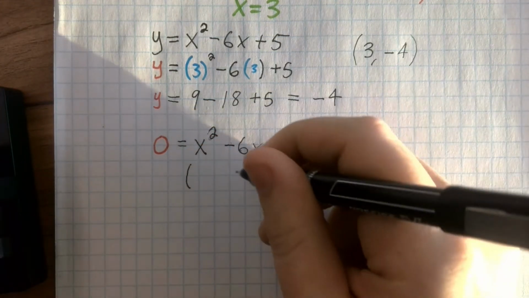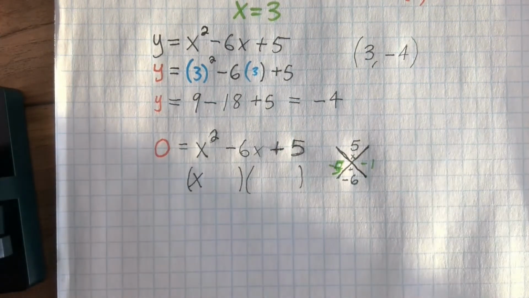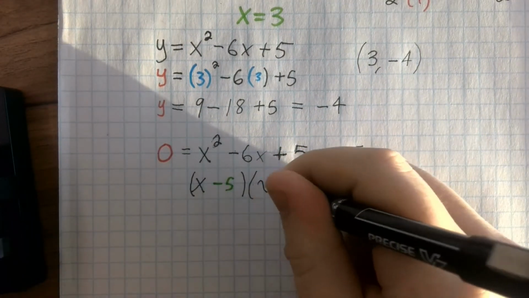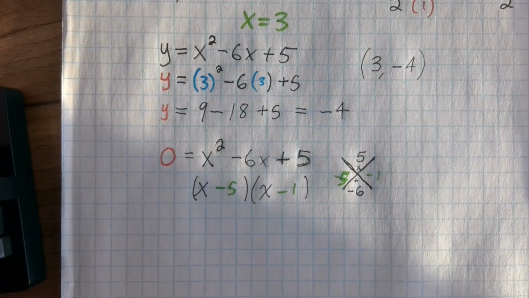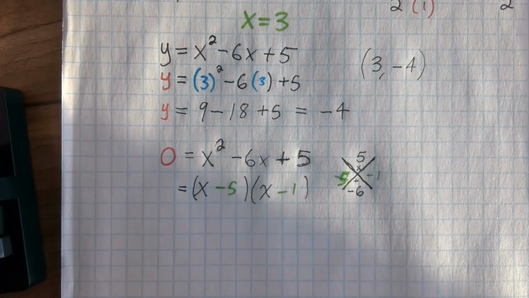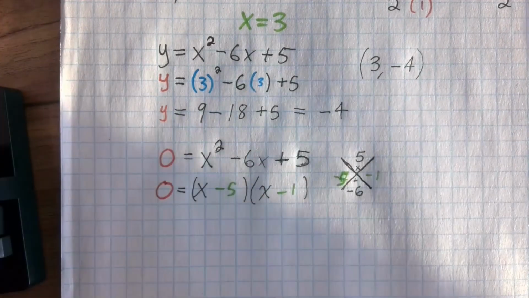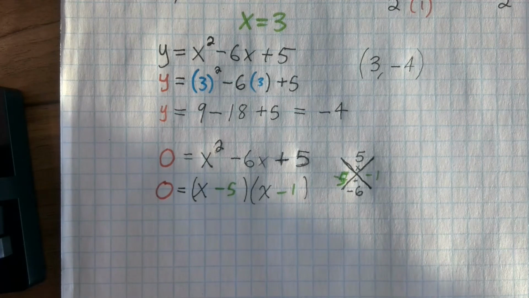So when we factor our trinomial, we get x minus 5 times x minus 1. And if we don't remember this from Algebra 1, again, don't worry, we're going to talk about this later on in the unit, and the only thing we're really using it for right now is finding the x-intercept in standard form.